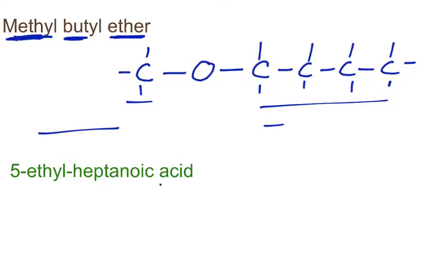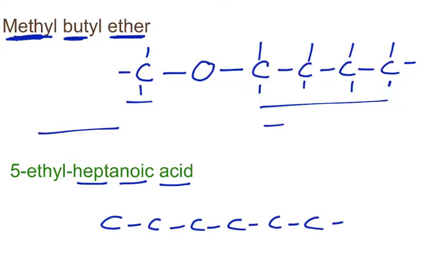This next guy is an acid. It's heptanoic acid, so automatically we know hept stands for 7 carbons, so we'll go 1, 2, 3, 4, 5, 6, 7. The acid group is at the end always, so we put our acid group in, double bond O, carbonyl, connected to OH.